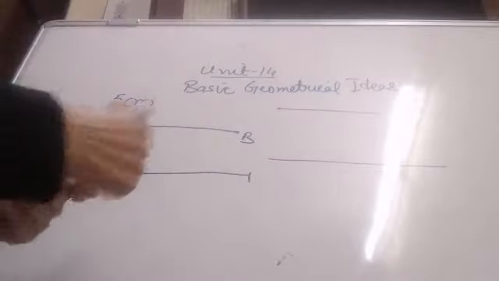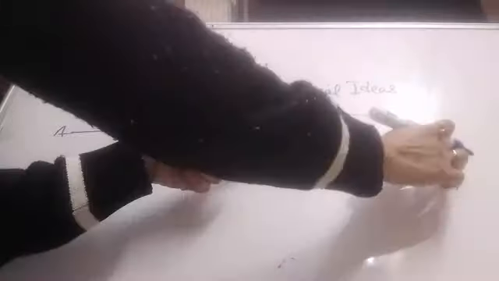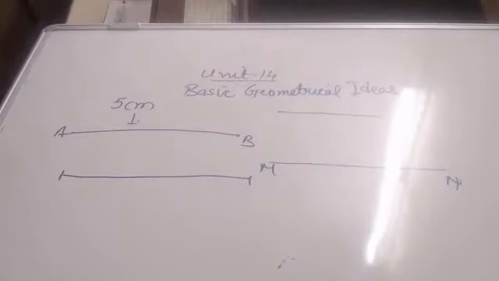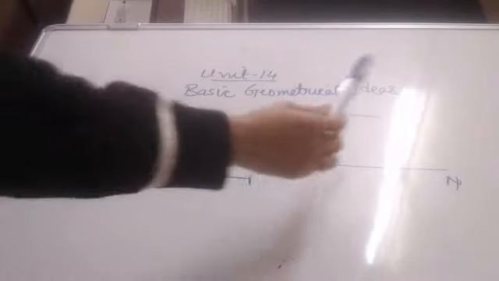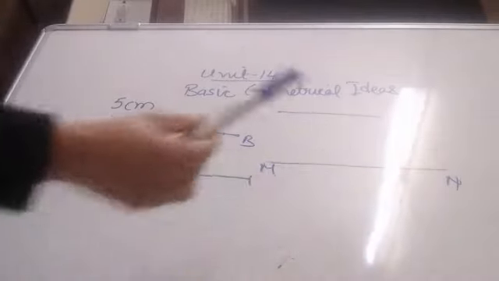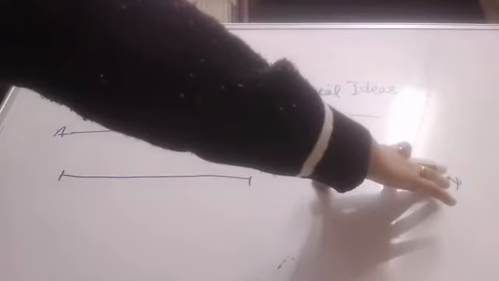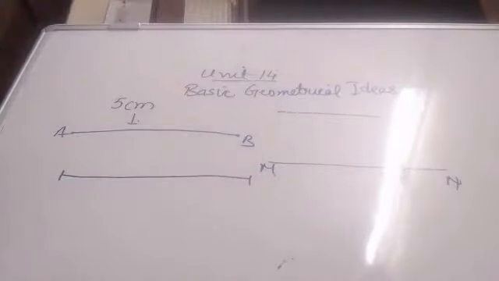If I take a line segment, suppose MN, then with the help of the scale, you put your scale on these two points. If the line segment measurement is found to be the same with the help of the scale, then you can find that the two points are coinciding on the scale, and through this we can also compare the line segments.